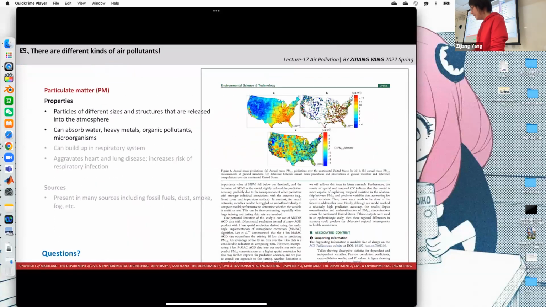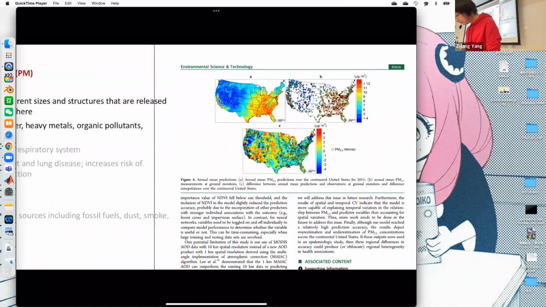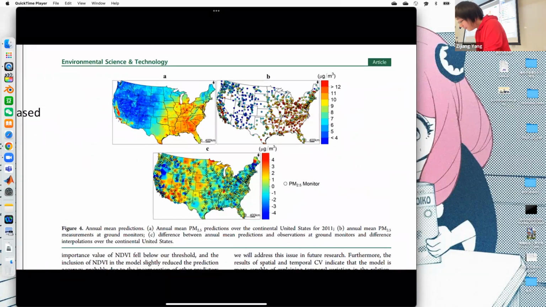On the right side, it shows the PM2.5 concentration over the United States. Let's also say it's the predicted concentration, because they use different types of spatial interpolation methods. This is the original observation, which is very similar to the spatial sampling lecture, and this is their interpolation result. Let's just focus on this plot here.